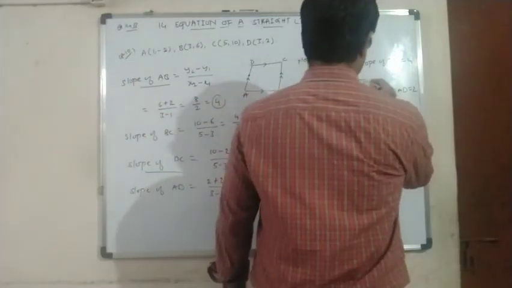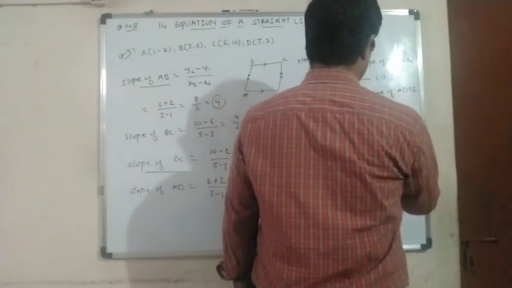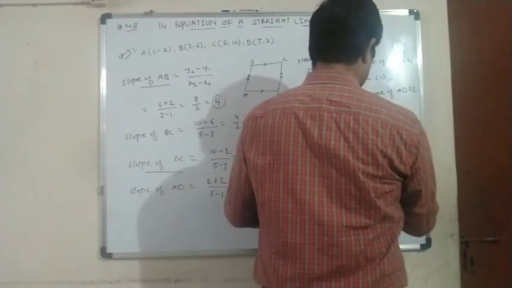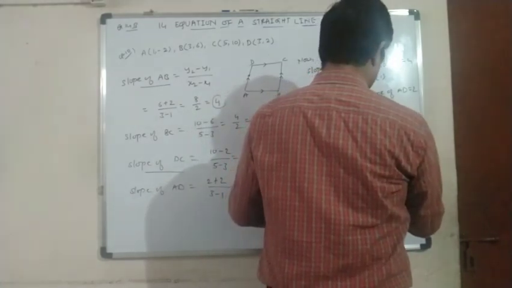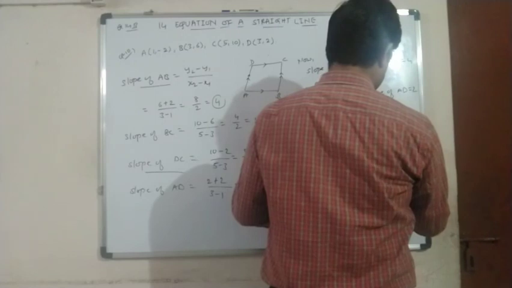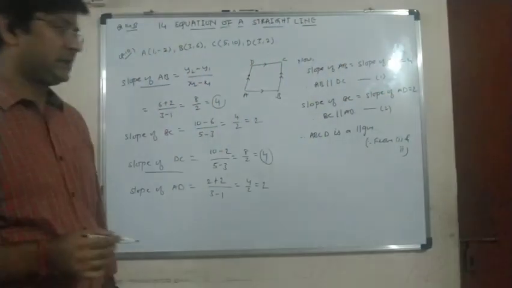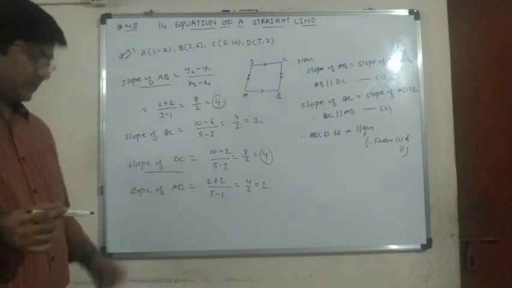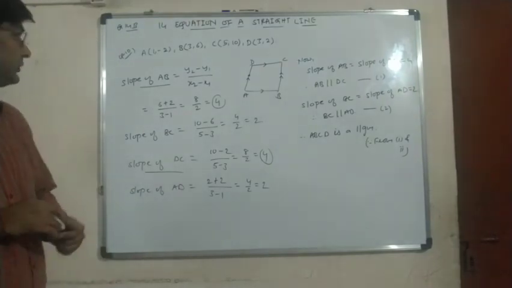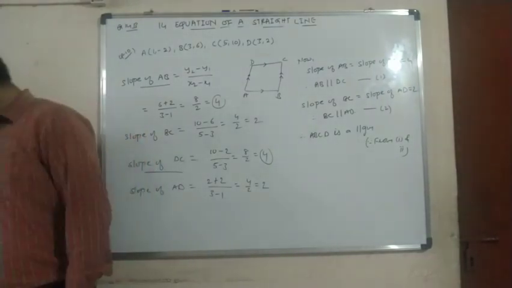Clear? So from 1 and 2 we can say that ABCD is a parallelogram. Clear? So question number 10 is over.